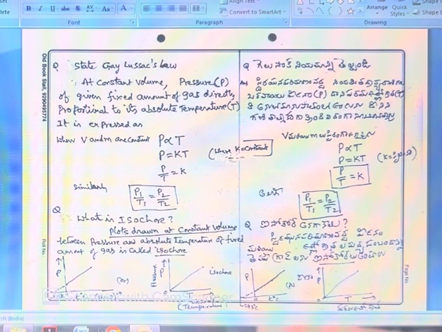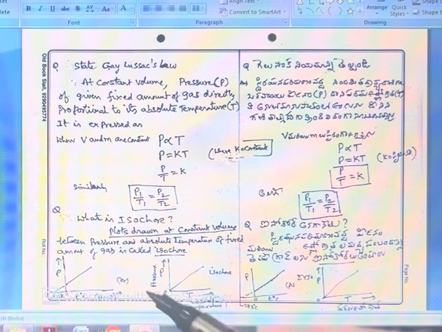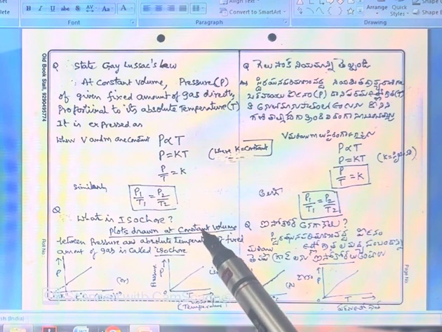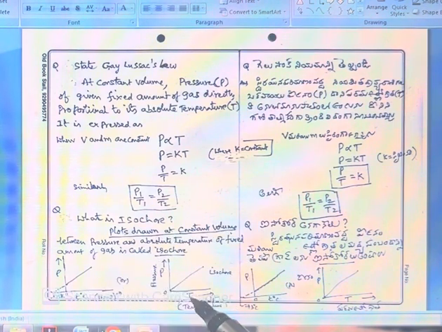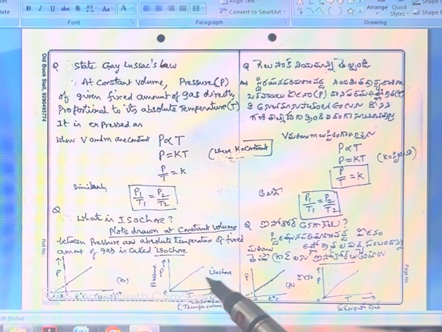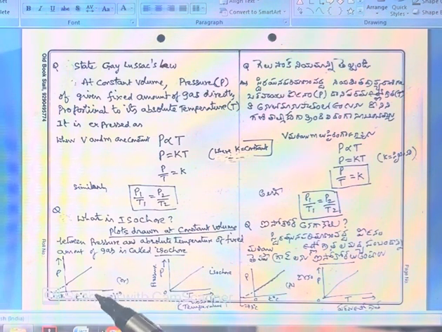Graphs drawn at constant temperature are called isotherms. Graphs drawn at constant pressure are called isobars. Graphs drawn at constant volume between other two factors are called isochores. For example, if you plot P versus T in degree centigrade, there will be an intercept P0, and this is minus 273 degree centigrade, which is absolute zero.